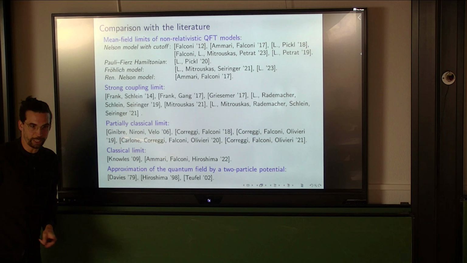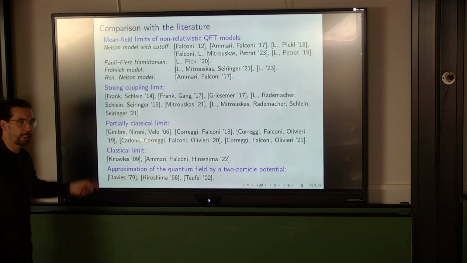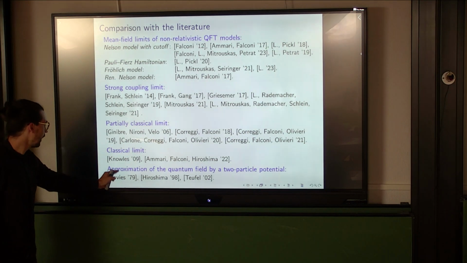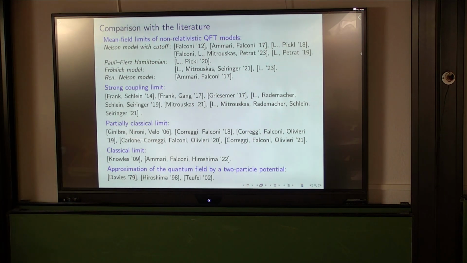I think Michele Correggi will talk about this on Thursday. And one can also consider, for example, a classical limit where a particle with huge mass couples to the radiation field and then it behaves classically, or other limits where in certain situations one can approximate the quantum field by a two-particle potential.